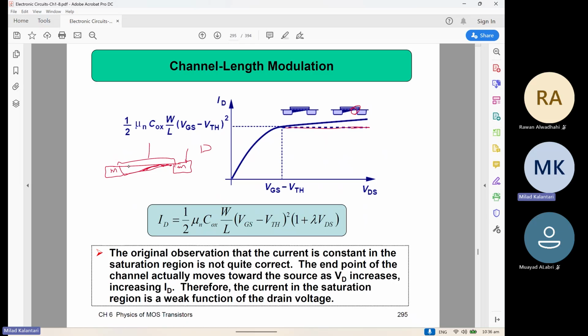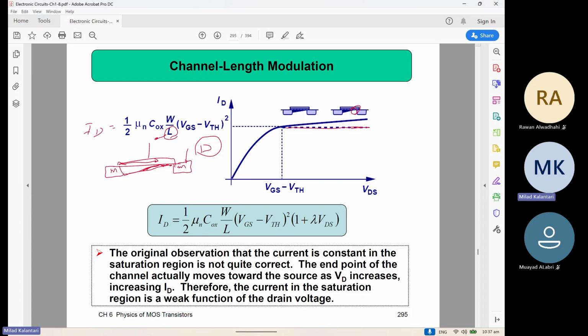So in fact, the effective length of the device is changing. The effective length is now only this much, because only in this area is the charge underneath, and in the other area it is not. So the length of the device changes based on the drain voltage. That's why we call it channel length modulation. The effective length is modulated by the drain voltage. With a higher voltage, this L is reduced, so the total current will increase.